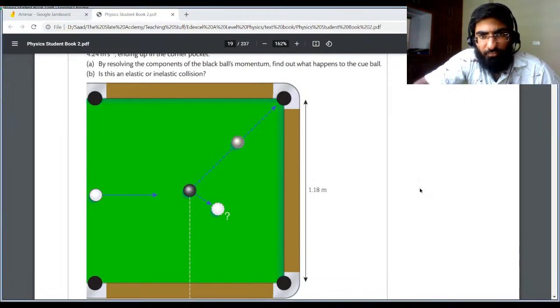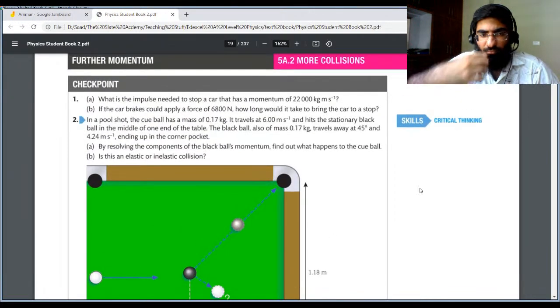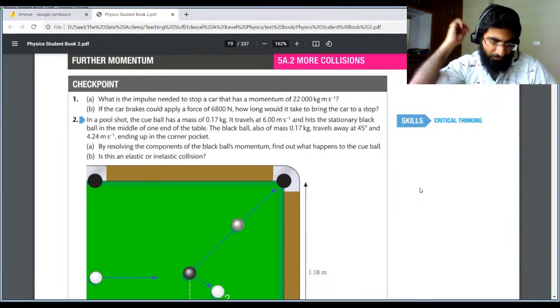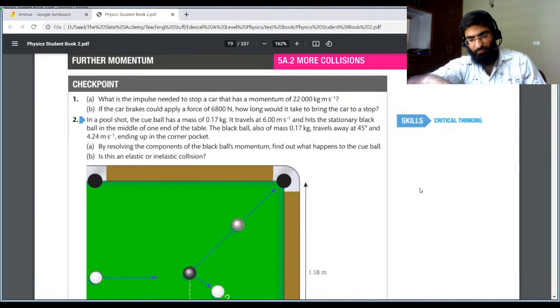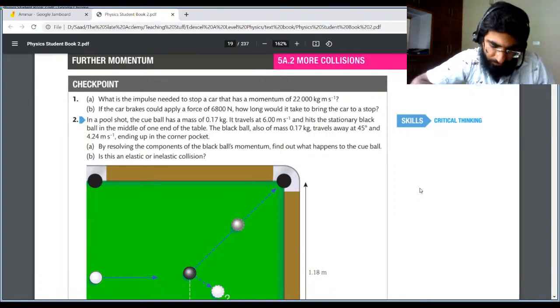Okay, what is the impulse needed to stop a car that has a momentum? Impulse is equal to force into time, right? And they've given us momentum. Momentum is m into v, right?